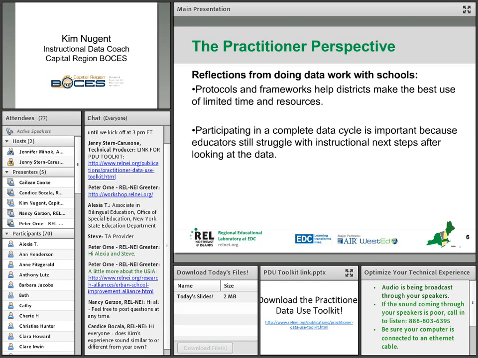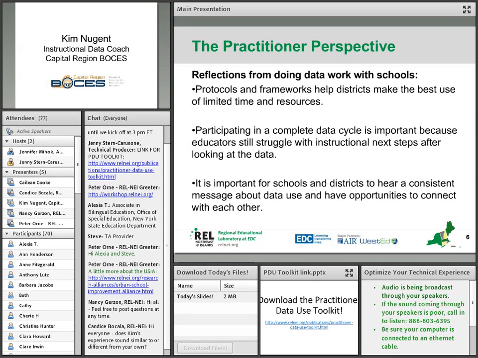And finally, they want the data to tell them what to do. And this is where coaching becomes really important. I'm a data coach. However, we do have an instructional ELA and an instructional math coach.